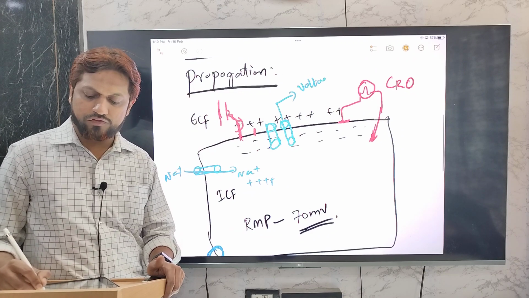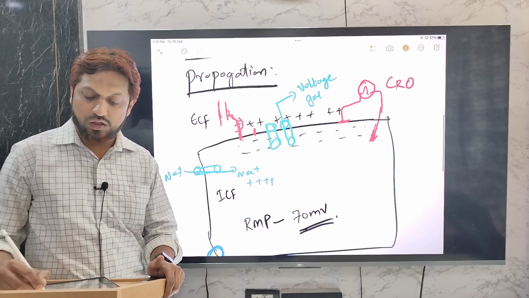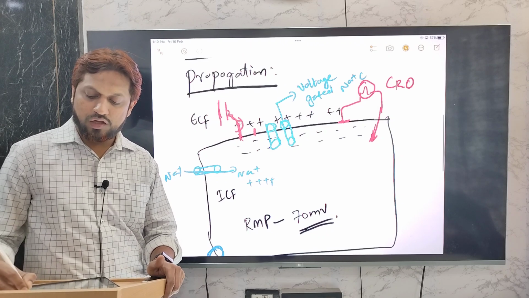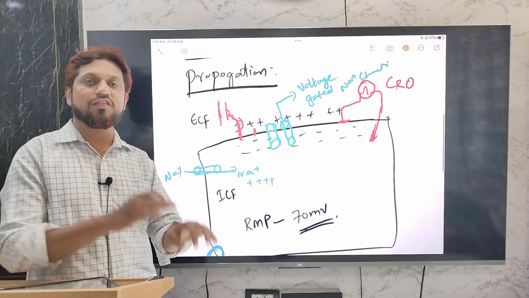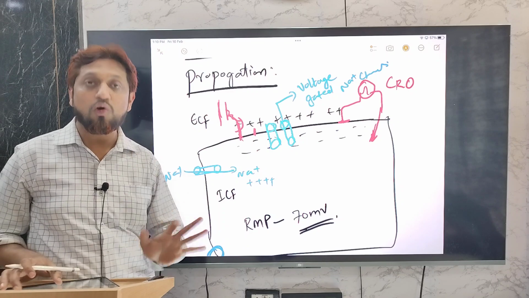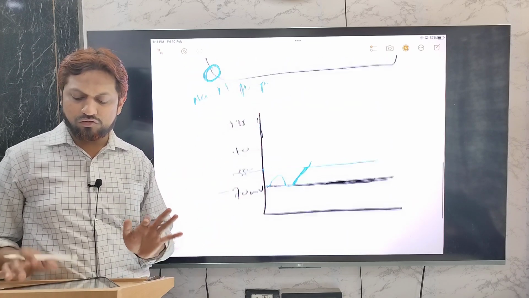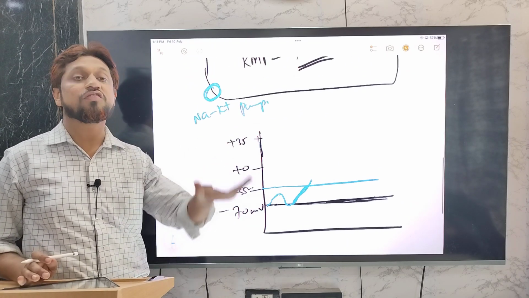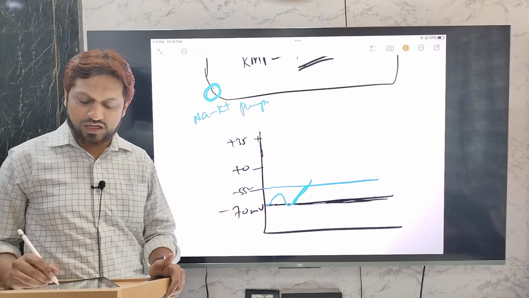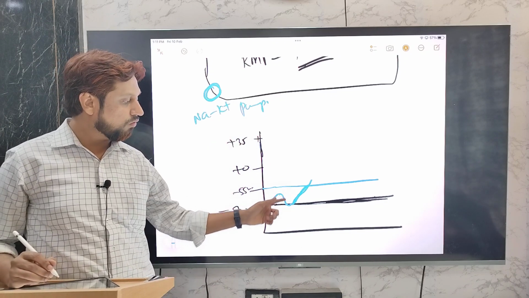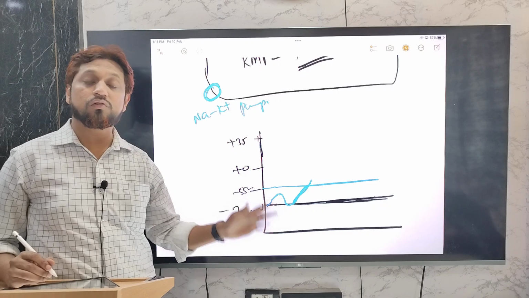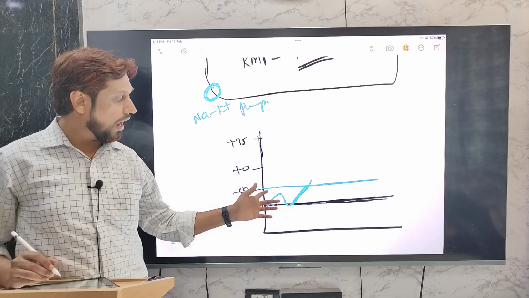Please concentrate here: voltage gated sodium channels. When the stimulus is adequate, it is known as the threshold stimulus. If the stimulus is inadequate, it is known as a sub-threshold stimulus, then the current is not enough, and the potential generated is not an action potential, it is called a graded potential or local potential.